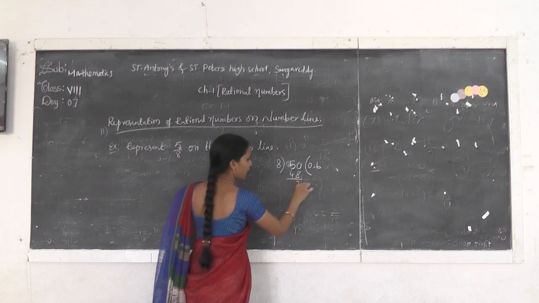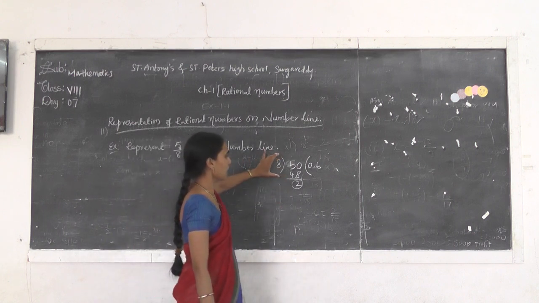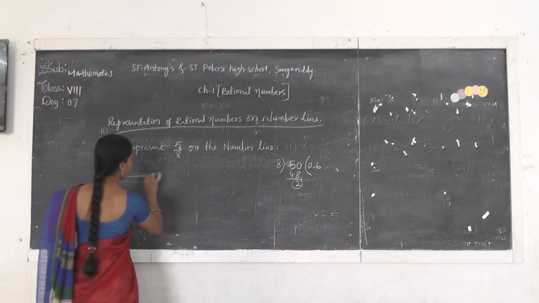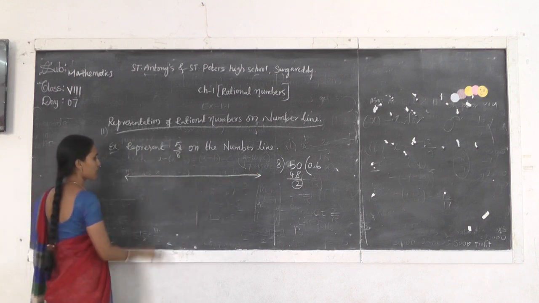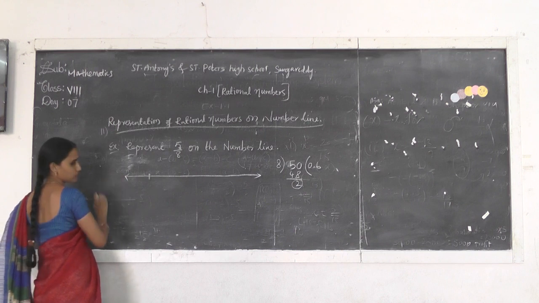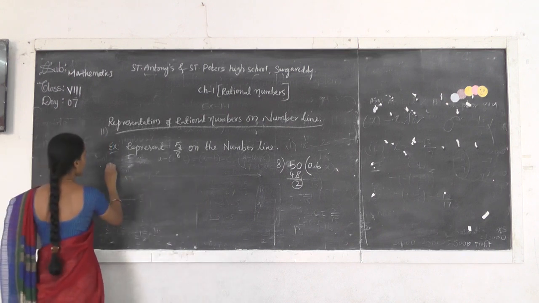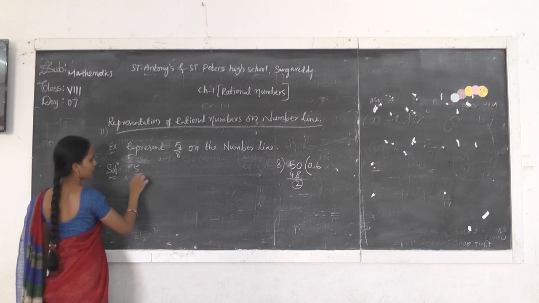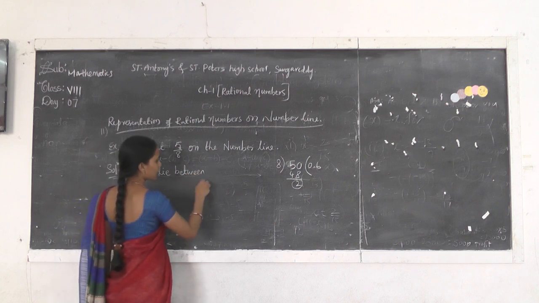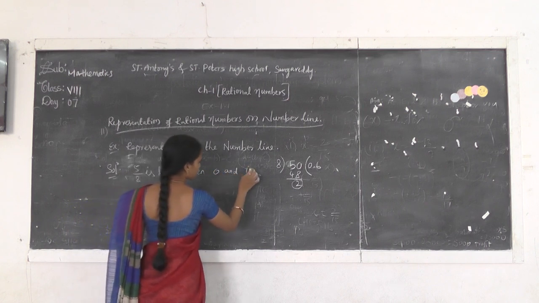So this number 5 by 8 lies between 0 and 1.